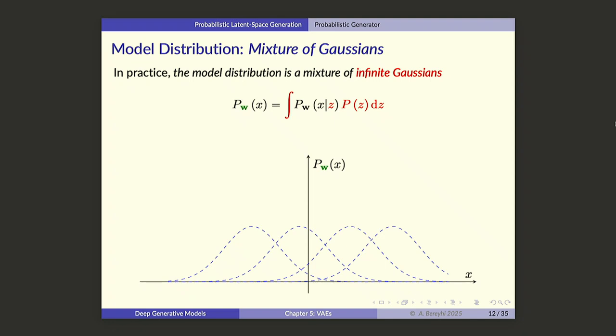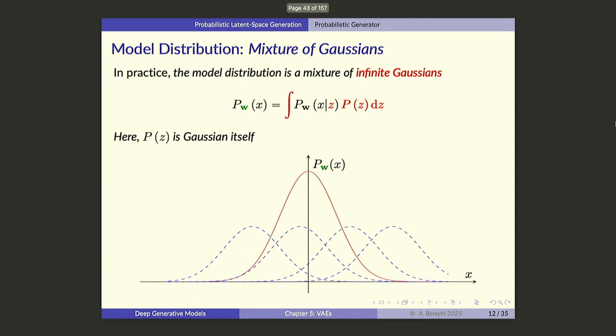And then the data distribution is actually the average of these distributions with respect to the distribution of z itself, right? Because you're going to get each of those Gaussians, and then you multiply it with the distribution of z at that particular point, and you add all of them up. So it's going to be an average of lots of Gaussians.